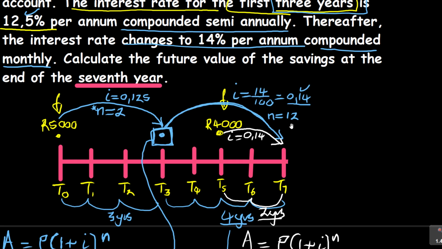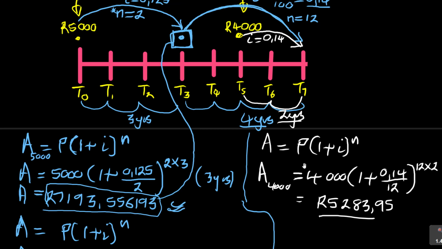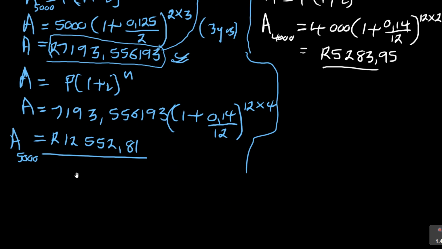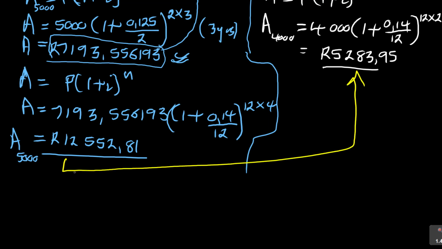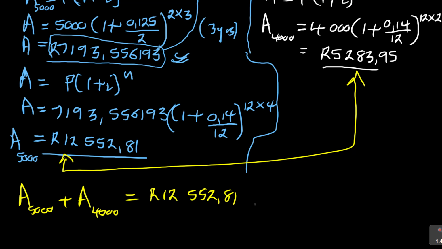But now the question is, calculate the future value of these savings. Obviously, I need to consider these two amounts. I cannot just leave it like that. I've got this amount and I've got this amount. So what do you think I must do? I must add them. I must add the accumulated amount of 5,000 plus the accumulated amount of the 4,000. So I'm adding here the 12,552 rand 81 cent plus the 5,283 rand 95 cent.